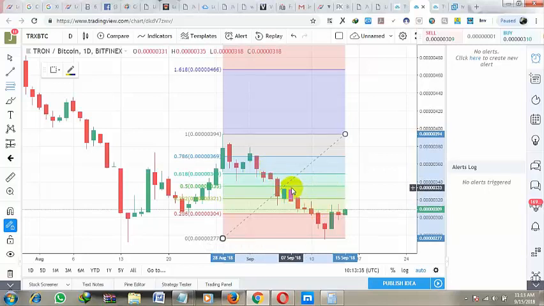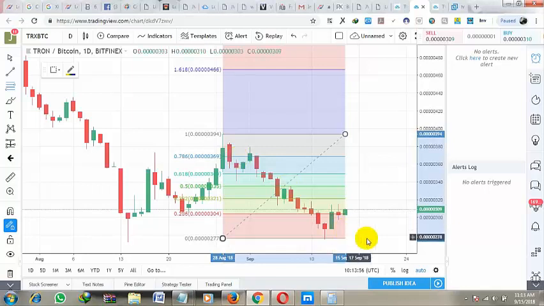You look at this one, it actually just hit the 50% retracement level and then it bounced back. The same thing here, this is 61.8%. The same thing here at 78.6%, and then this last one. So it's a very simple tool to use to detect where to sell.